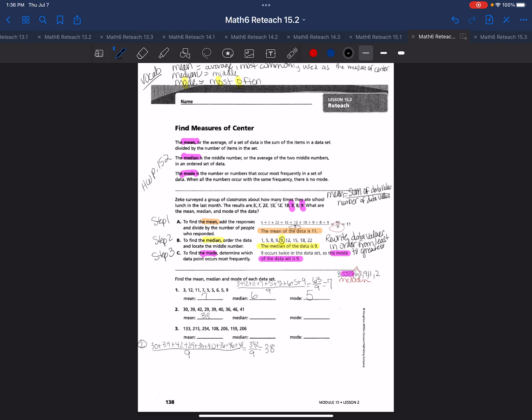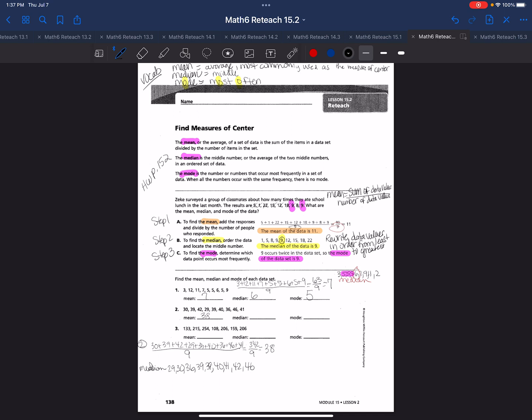Now I need to find the median. So the median means I have to put everything in order. So then I have 29 would be my first number. 29, 30, 36, 39, 39, 40, 41, 42, 46.